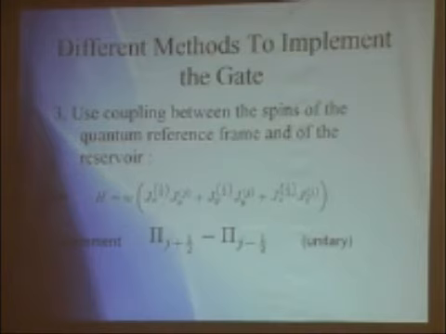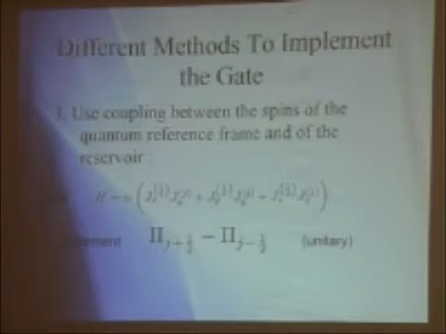This is a Hamiltonian that you can observe in the lab. Basically, you can use this Hamiltonian to perform this unitary on your joint system of the quantum reference frame and the reservoir. Those two chi are just projections into the total angular momentum space of j plus 1/2 and j minus 1/2.